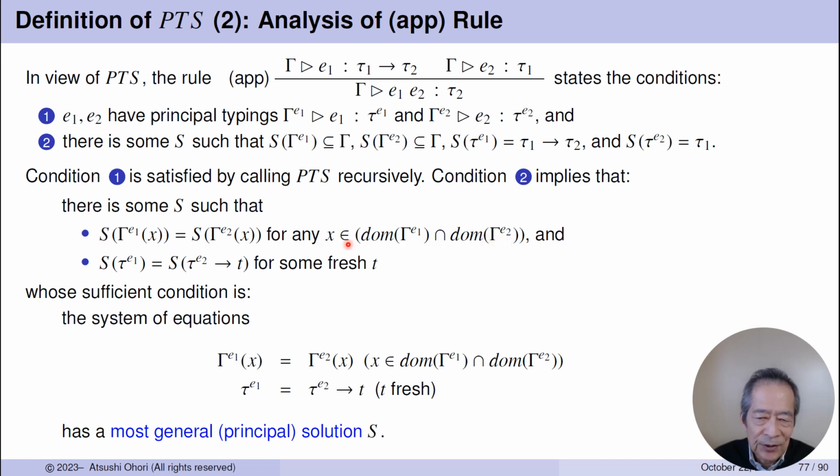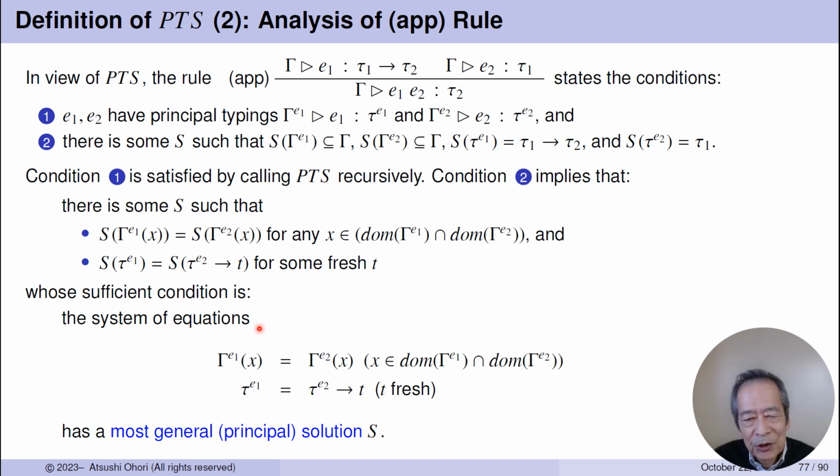That is this equation and also this equation. So condition 2 implies that there is some substitution S satisfying these two equations, and a sufficient condition of these two equations can be represented by the following condition.